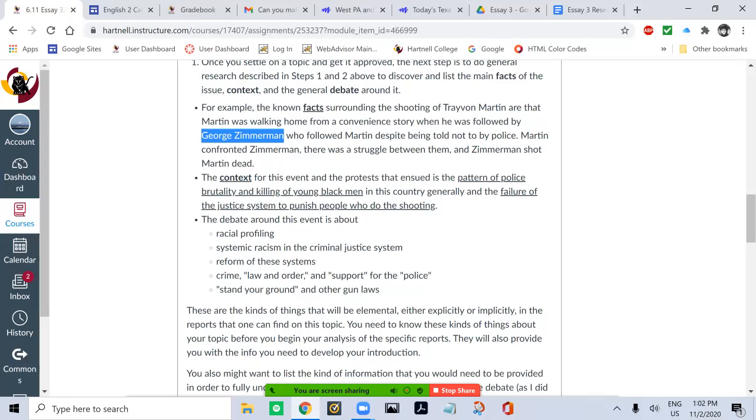So this law right here, stand your ground, is one of the excuses given for why Zimmerman was not initially arrested. And it's also the basis for his acquittal.